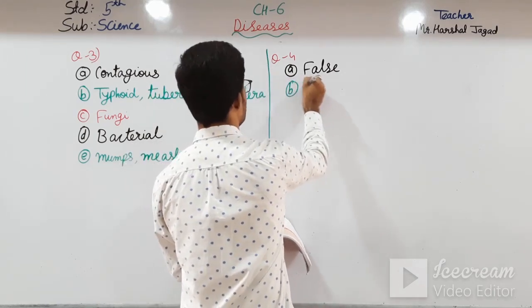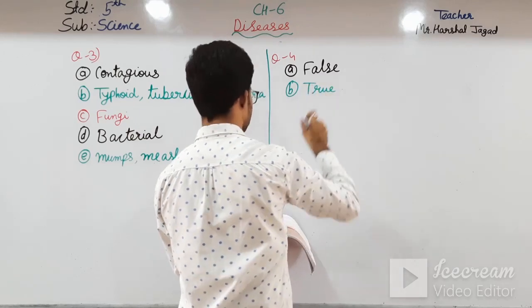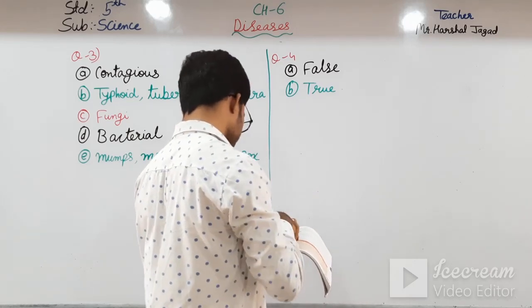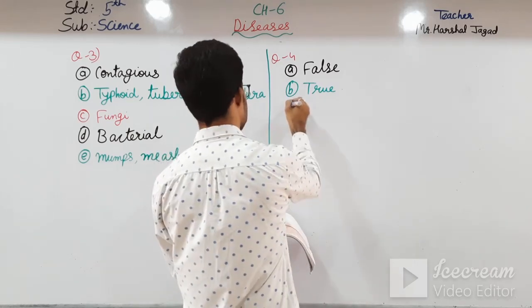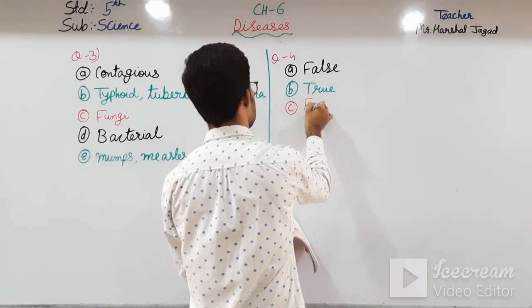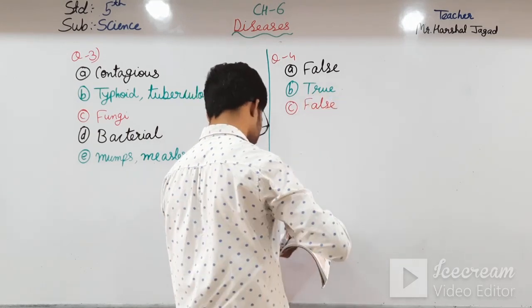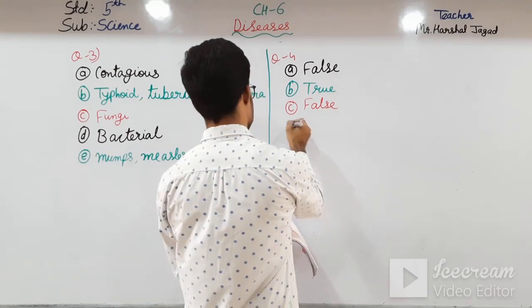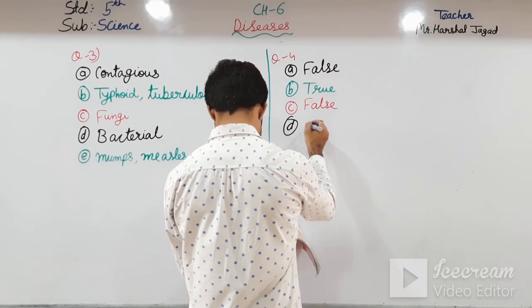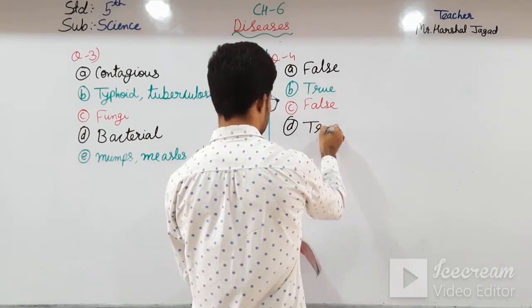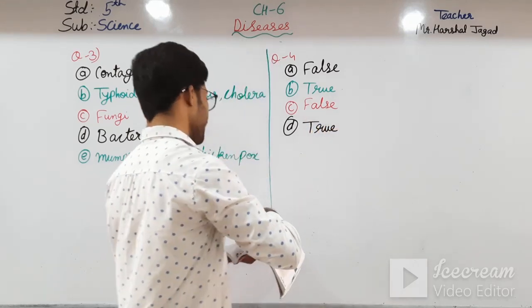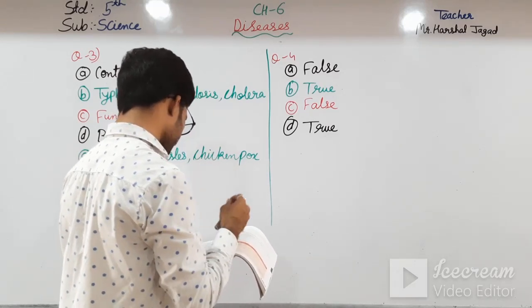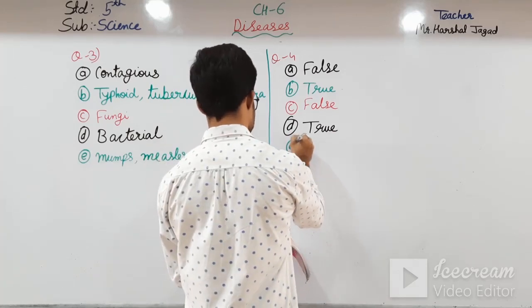That is true. C. Chicken pox causes swelling in the gland near the neck. That is false. D. Dengue is spread by mosquito. That is true. E. Vaccination protects you against certain diseases. Yes, true.